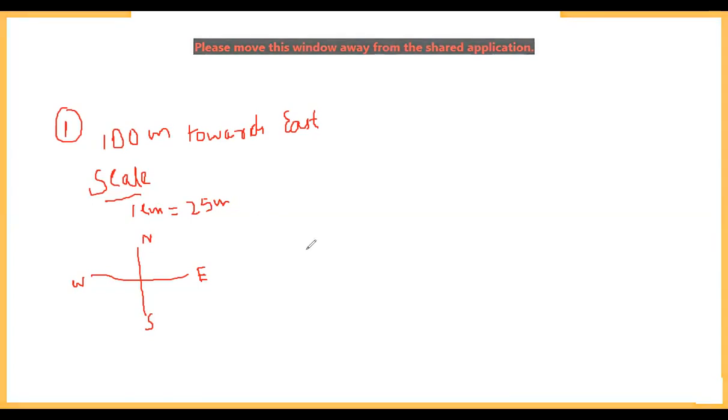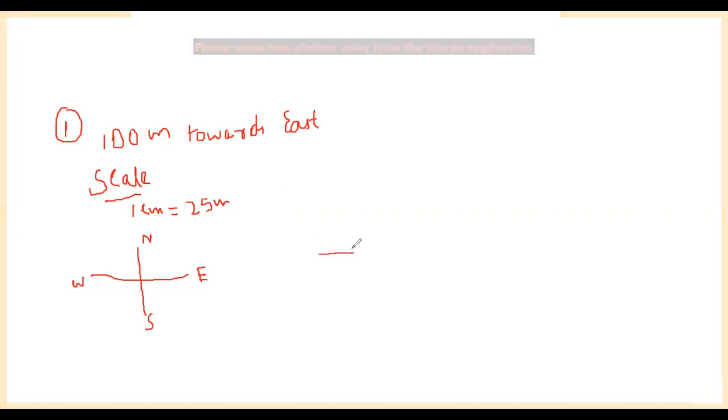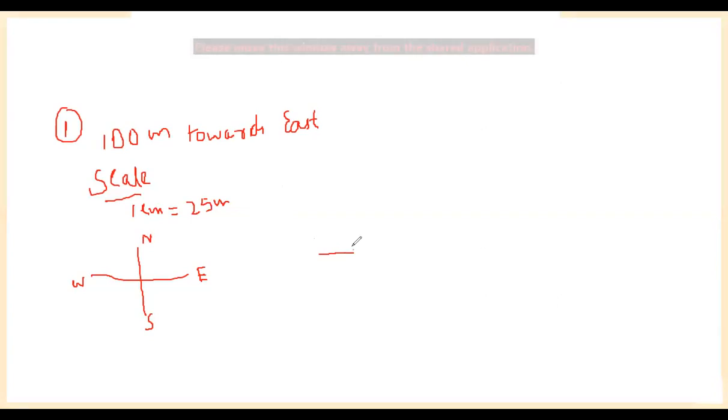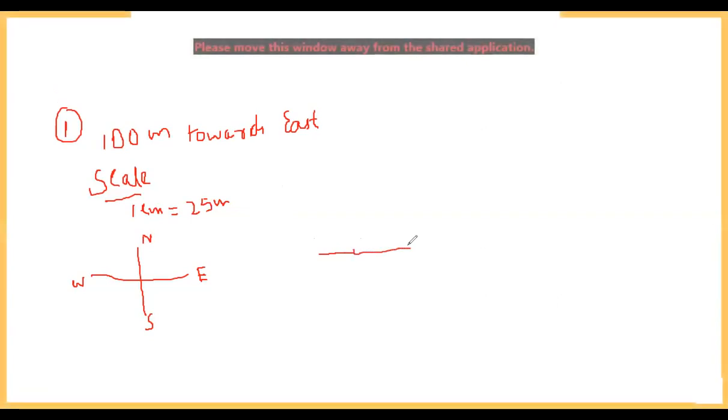So it is very clear that this is a 4 centimeter line, for example, and the 4 centimeter line segment is towards east. Where is east?